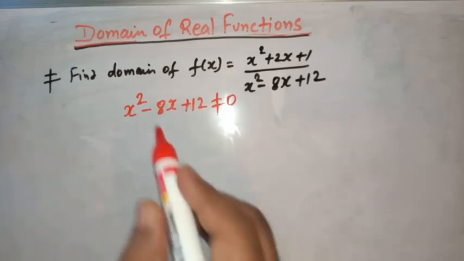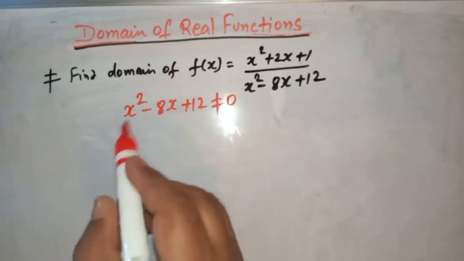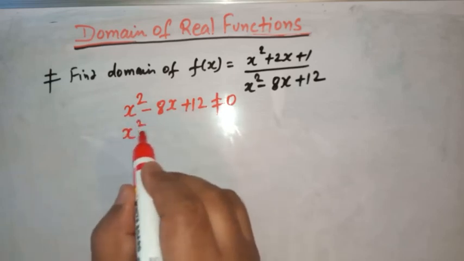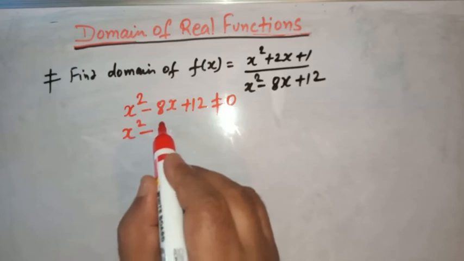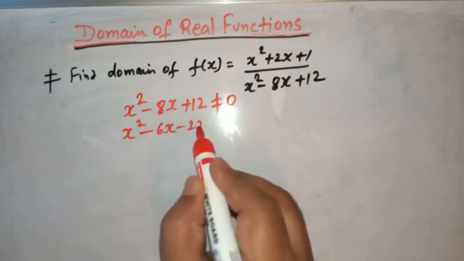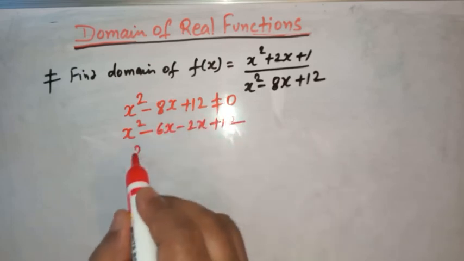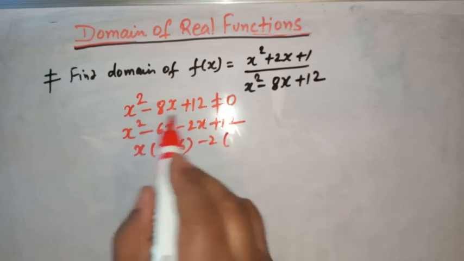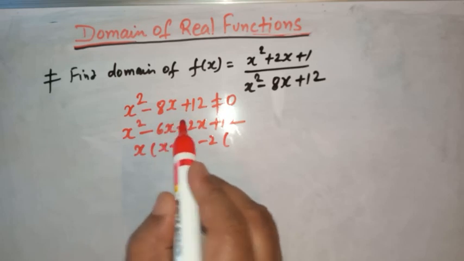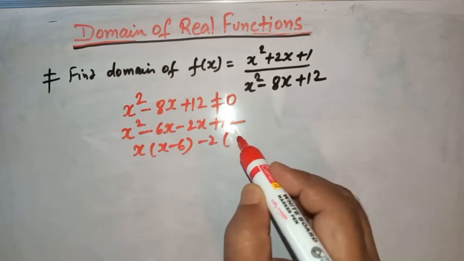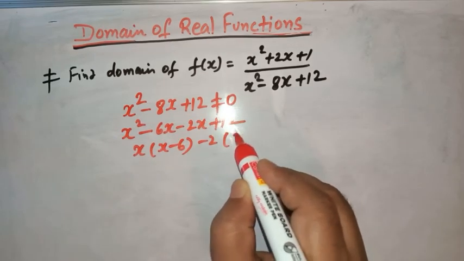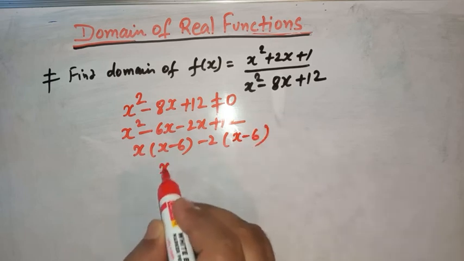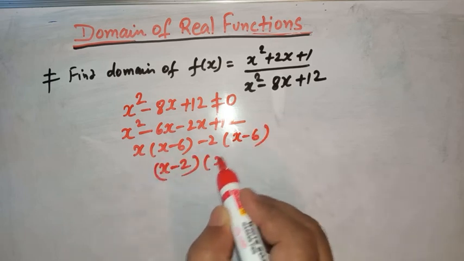Clear? So we'll factorize it. x² − 6x − 2x + 12, that is (x − 6)(x − 2). We have factorized it by splitting the middle term. So we have (x − 2)(x − 6).